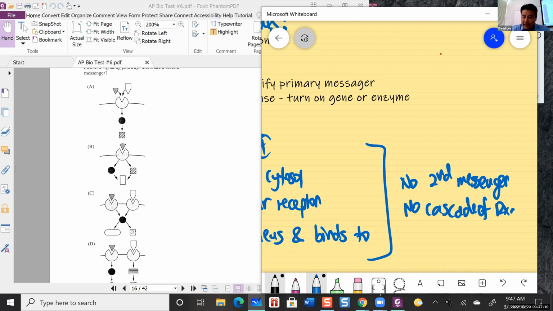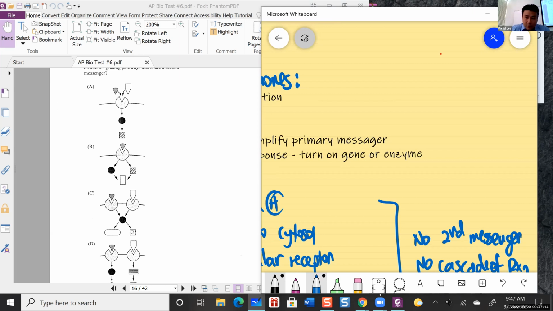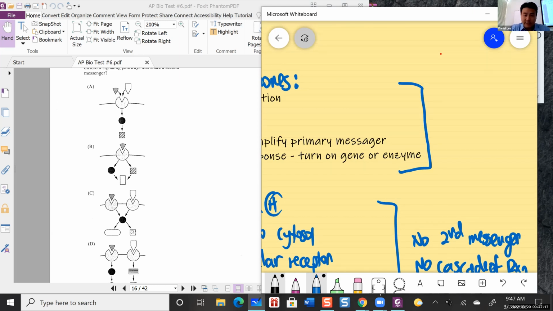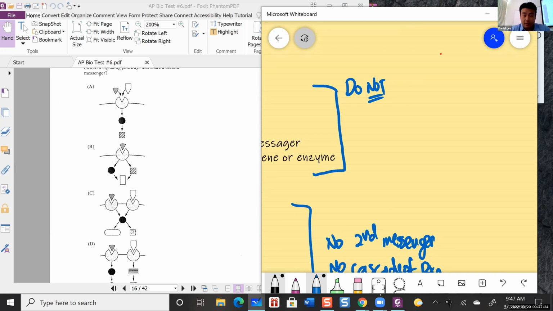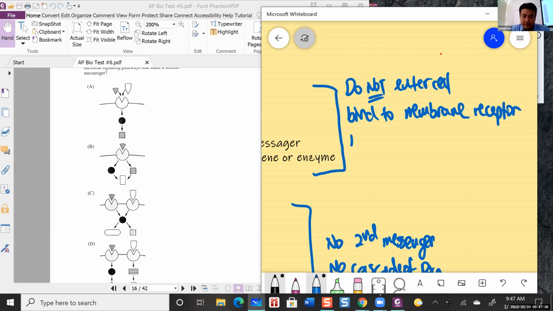And they enter the cell, whereas the top one, the protein hormone, never enters the cell. They do not enter the cell ever. They're too big, too polar. Proteins interact with the membrane receptor. They bind to the membrane receptor, and all of them use signal transduction, but many use a secondary messenger.